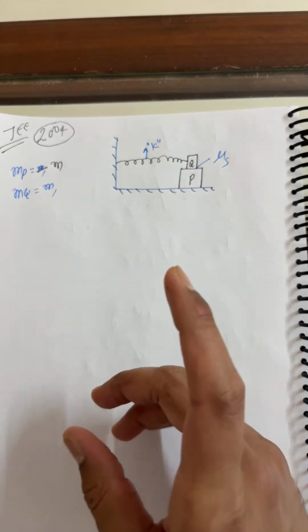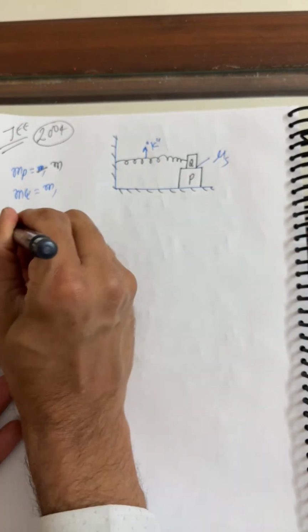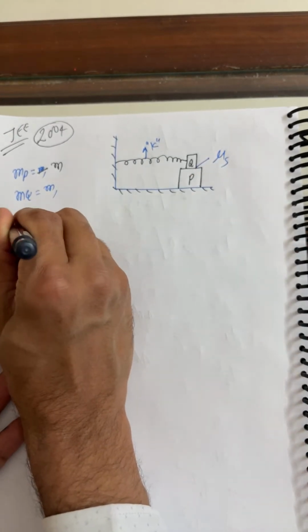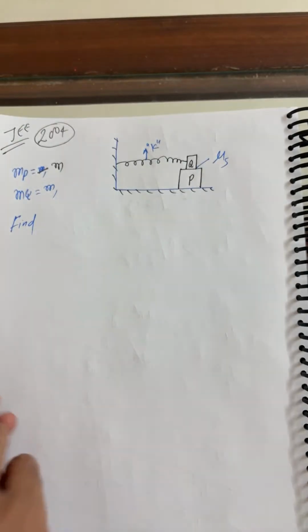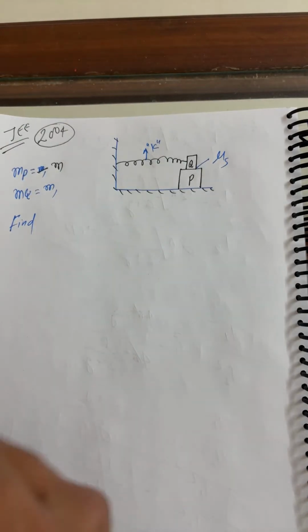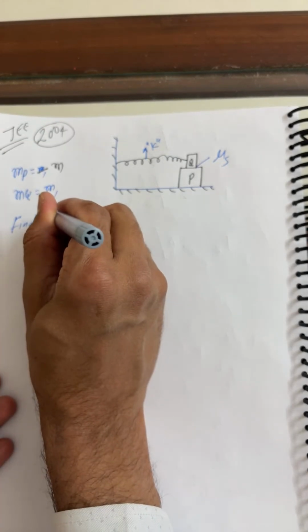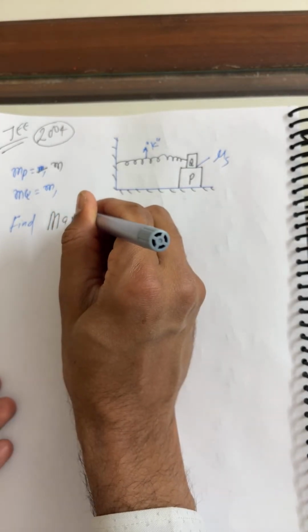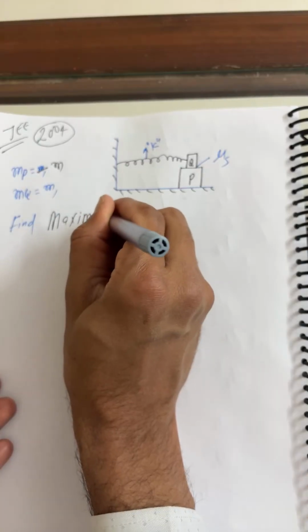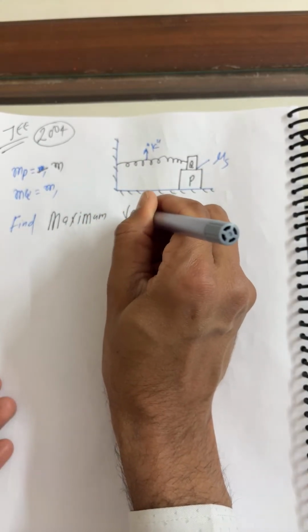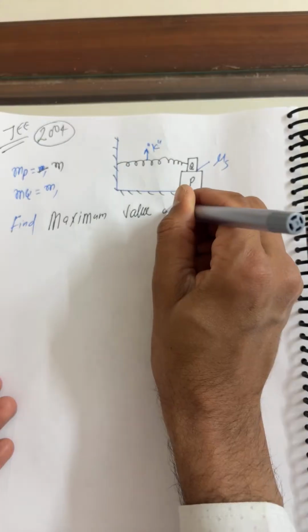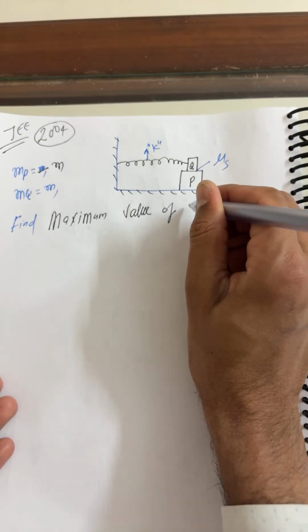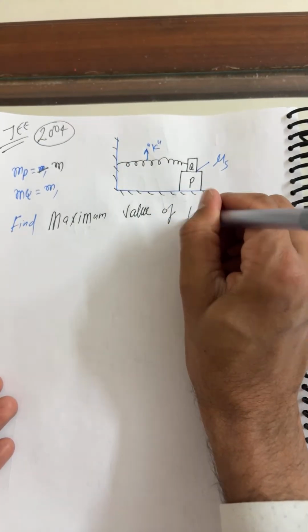What is the maximum value of friction force between the two blocks? We have to find here the maximum value of friction force.